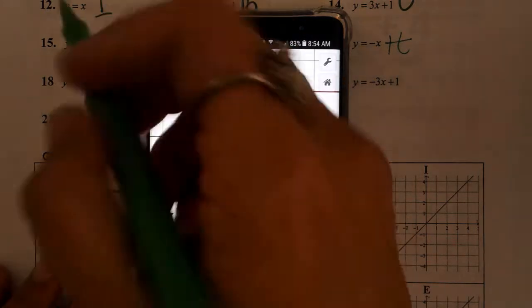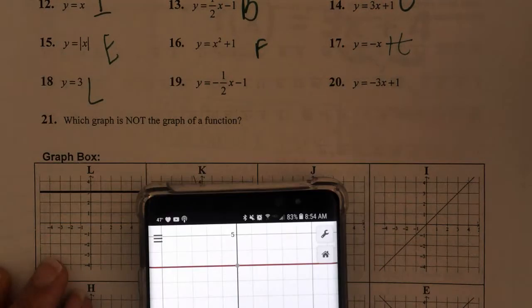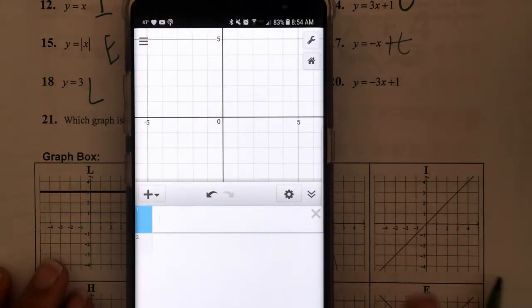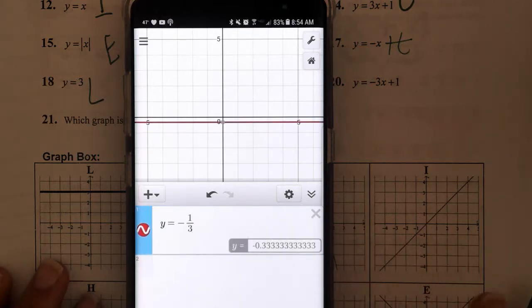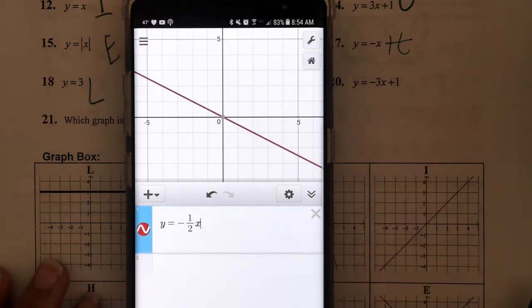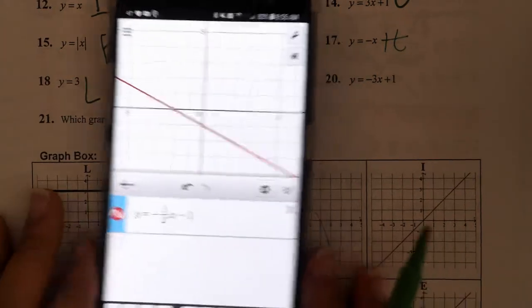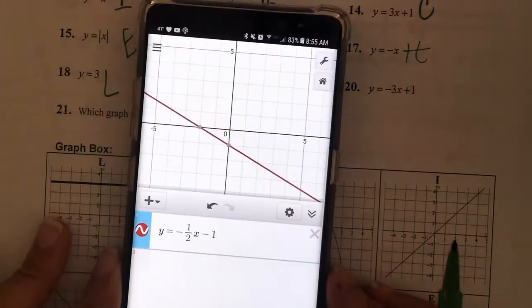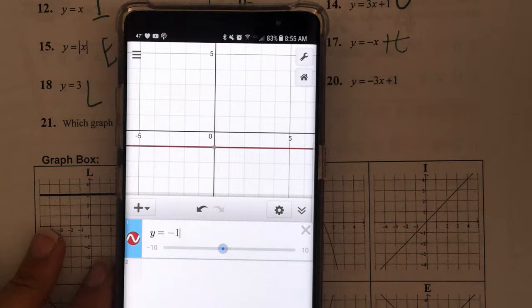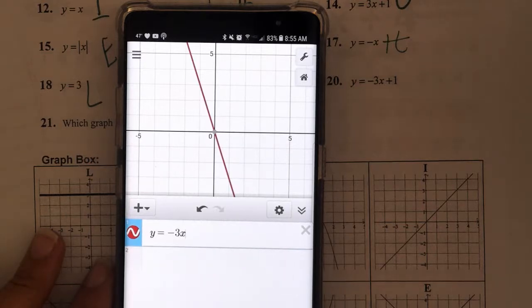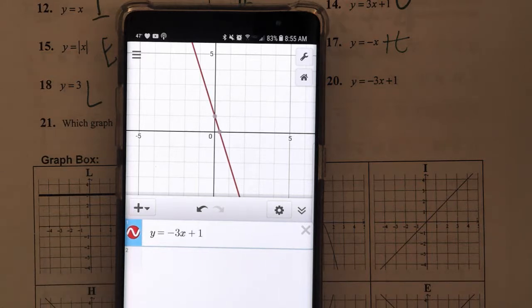L is in Lotato. Negative 1 half x minus 1. Oops. Blair. D is in Dotato. Number 20. A.